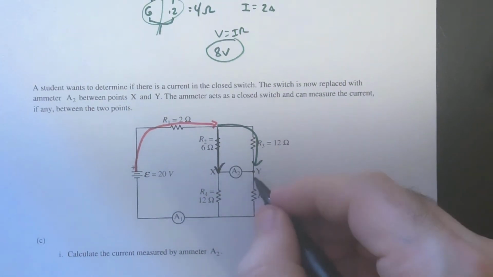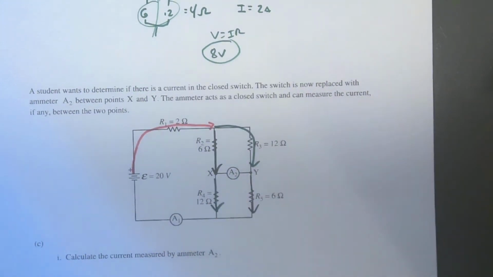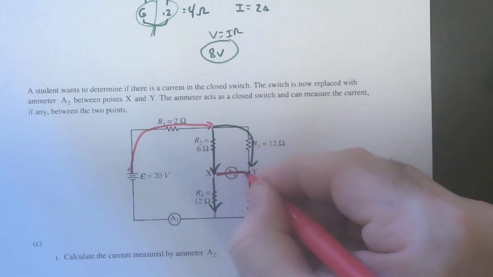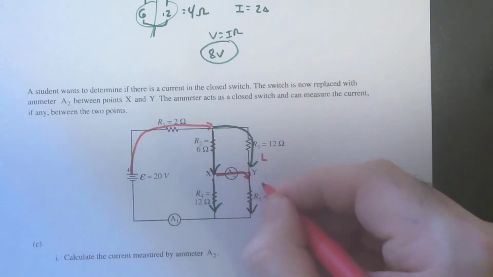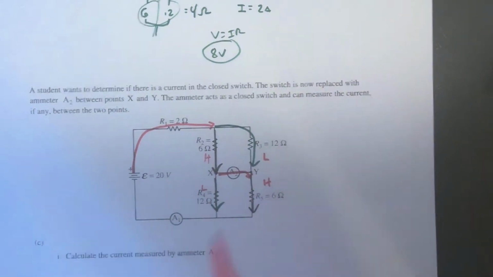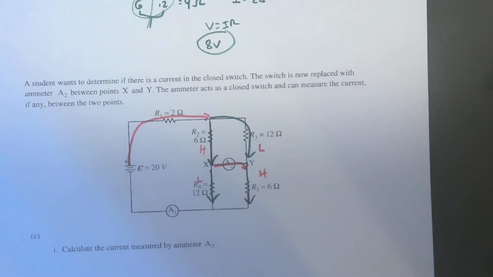But then, it's going to switch. This is black, and this is green now. Which means that some current's got to go this way. Because we have low and high flows, high and low flow. So current's going that way. So now we're going to figure out the current measured by the ammeter in this situation, letter C.